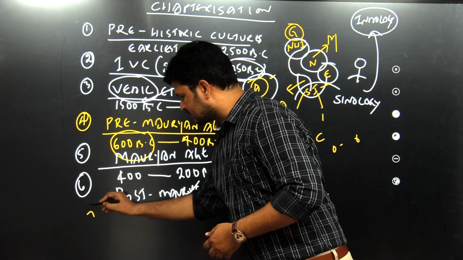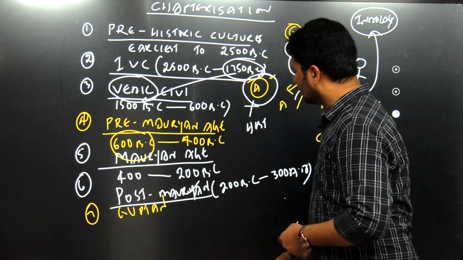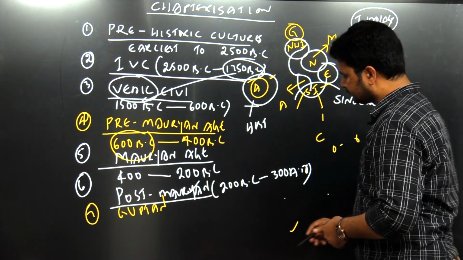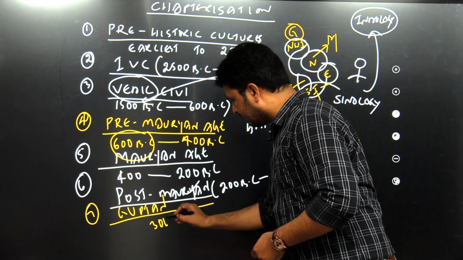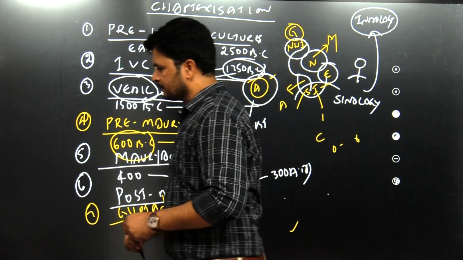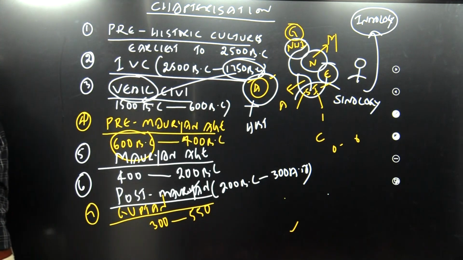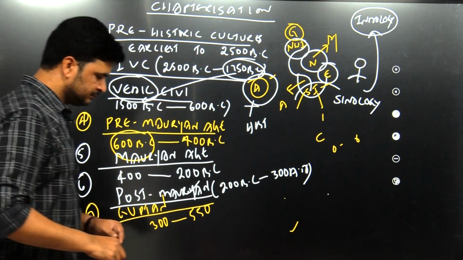And one more chapter, that is Guptan Age. The span of Guptan Age is 300 AD to 550 AD.